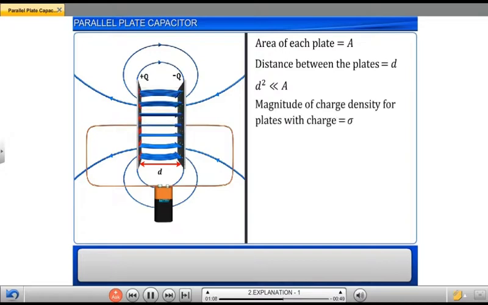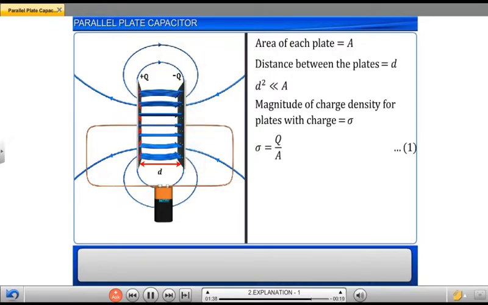Let the magnitude of the charge density be sigma for the plates with a charge Q on them. Then, sigma is equal to Q by A. Let this be equation 1. Let us assume the region on the left side of the capacitor as region 1, the region between the plates as region 2, and the region to the right side of the capacitor as region 3.